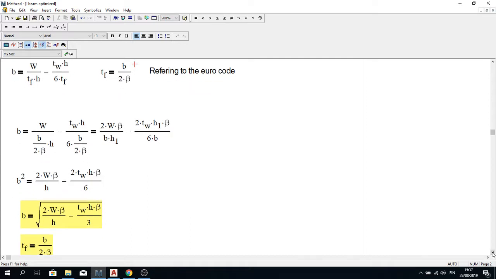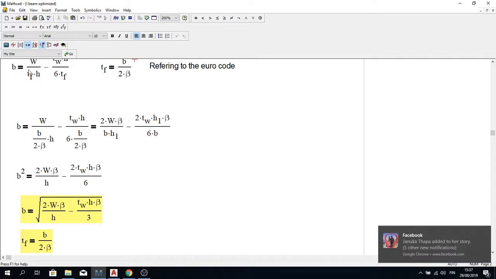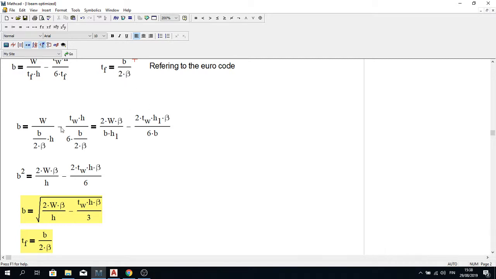And again, when we try to eliminate TF here, then TF can be replaced with B divided by 2 times beta, and here it is.